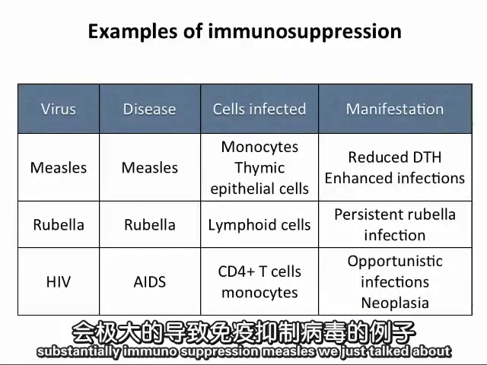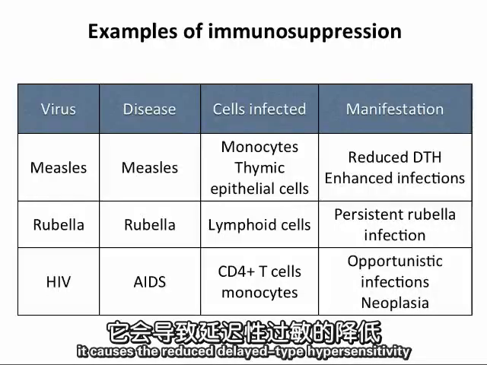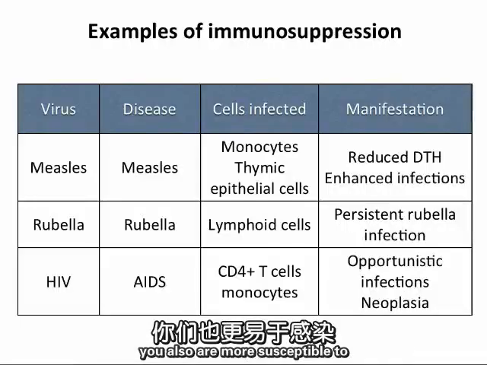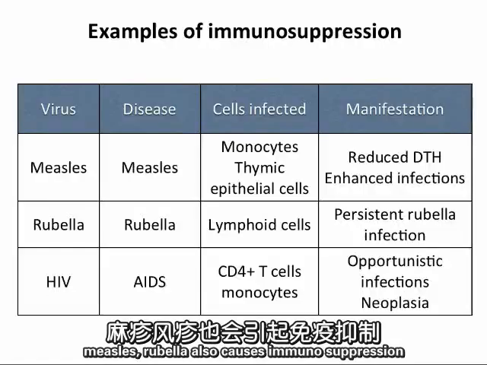Measles, we just talked about. The virus infects monocytes and thymic epithelial cells. And as I showed you, it causes a reduced delayed type hypersensitivity. You also are more susceptible to other infections within the time that you have measles.